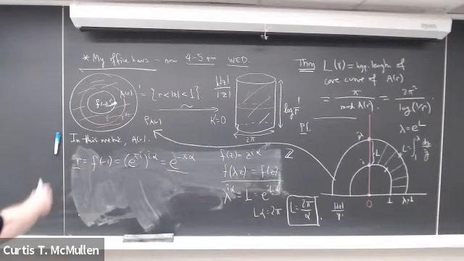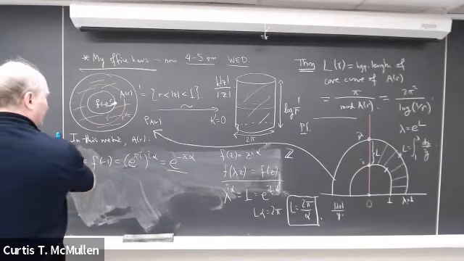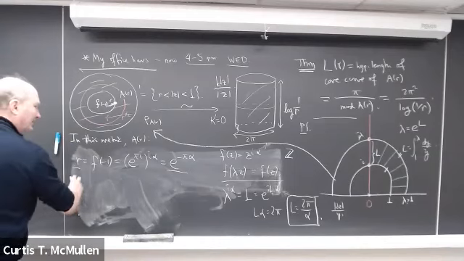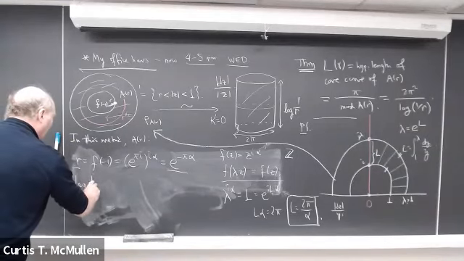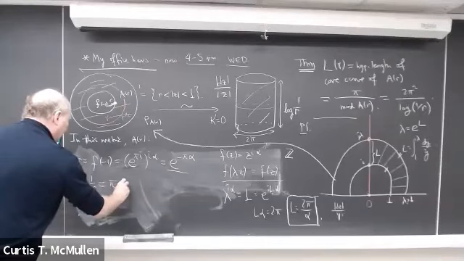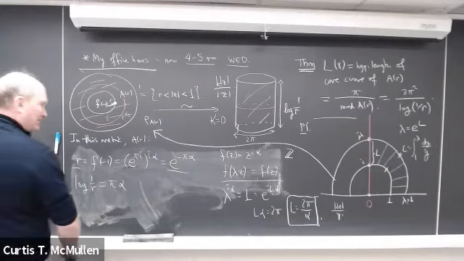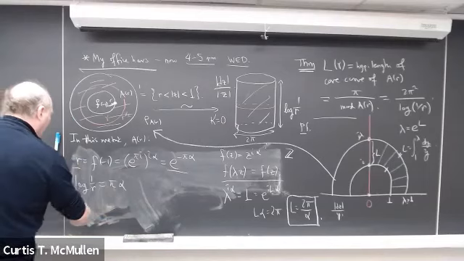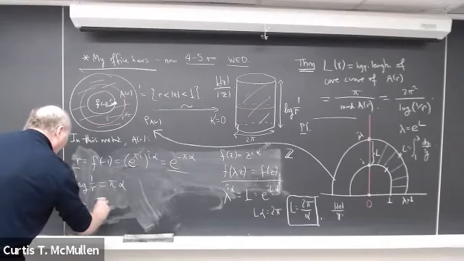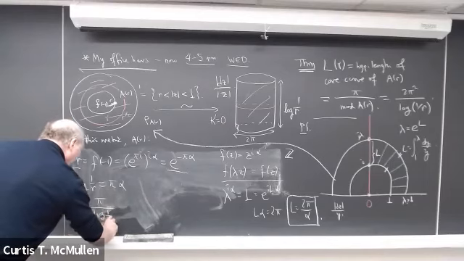And then if you want to unwind things, you can observe here that the logarithm of 1 over r is equal to pi times alpha. And so if I've done things right, then I'll get 1 over alpha is pi over log 1 over r.